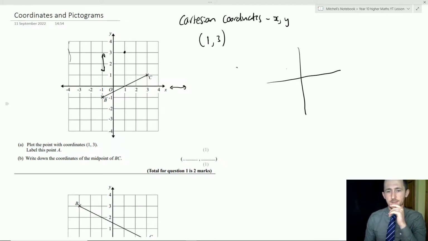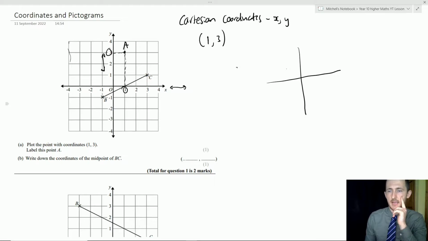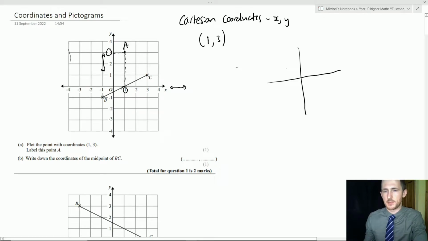In the first question, it just so happens that we need to plot the point with coordinates 1, 3 and label it A. We've just done that already. But again, if we were to look for 1, 3, we'd go 1 across. 1 is here. Then I need to go 3 up. So we're going across here, going up here, and it comes to this point, which I'm going to label A. I'm assuming that's all okay with you guys.